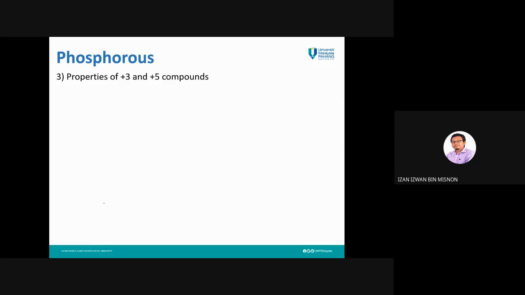Okay. The third topic will be the properties of the +3 and +5 compounds, since we said that for group 15, it is stable at +3 and +5. Let's take PCl as an example.